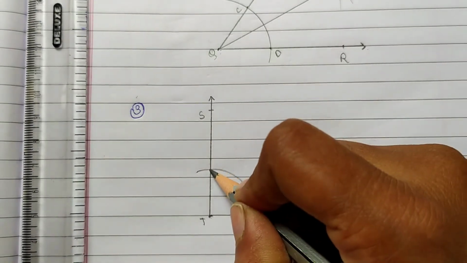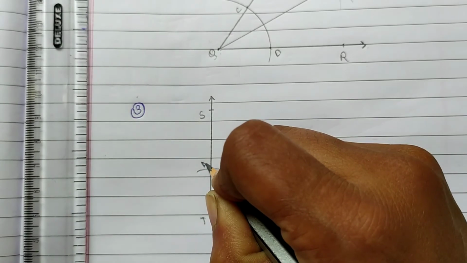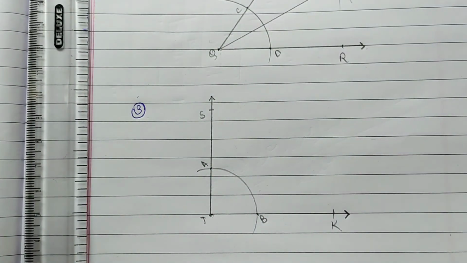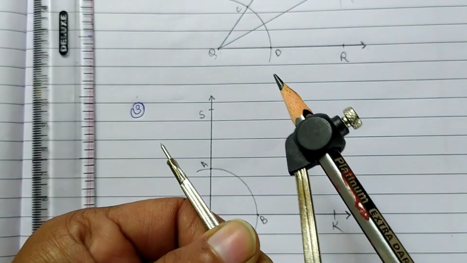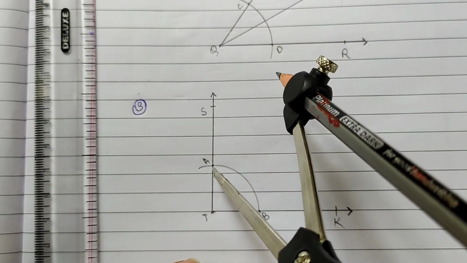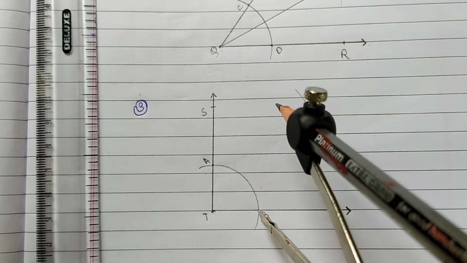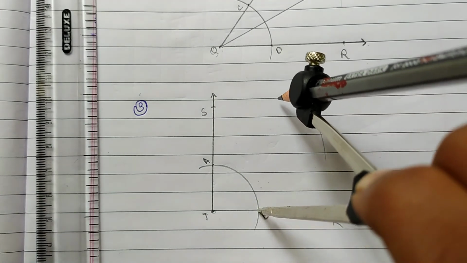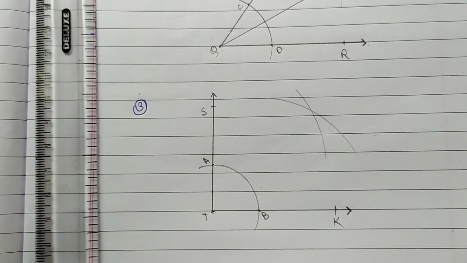Then give name point of intersection A and B. Now again take a convenient distance in your compass and place metal point on A and draw an arc inside an angle, and from B draw another arc which is intersecting to previous arc.